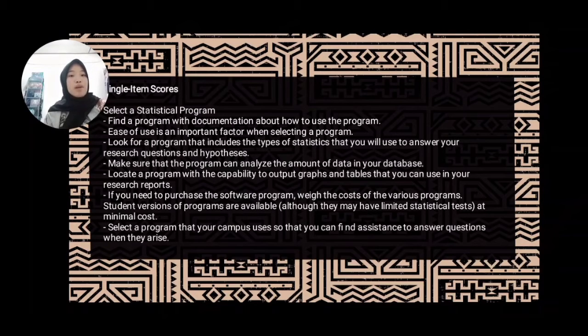Look for a program that includes the types of statistics that you will use to answer your research questions and hypotheses, and make sure that the program can analyze the amount of data in your database. Locate a program with the capability to output graphs and tables that you can use in your research reports.